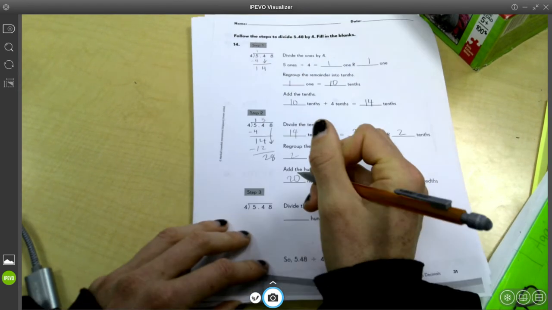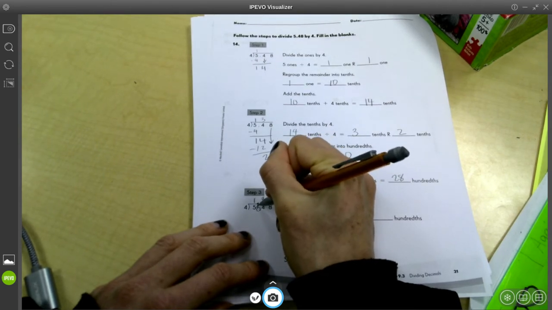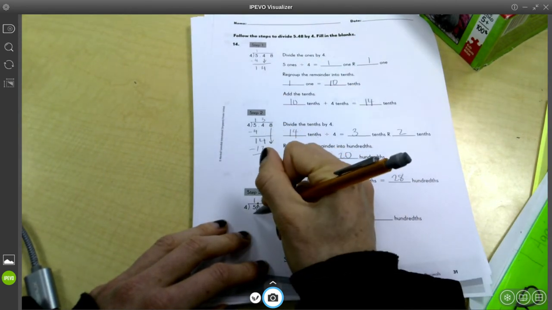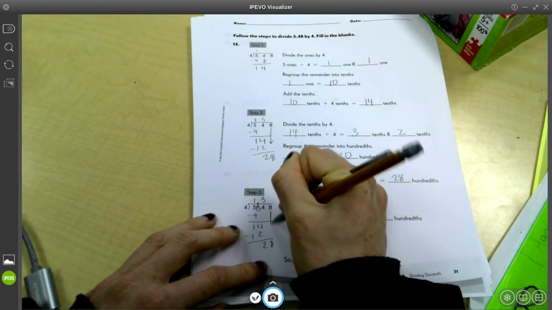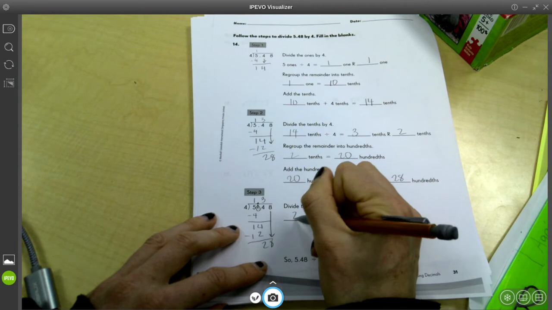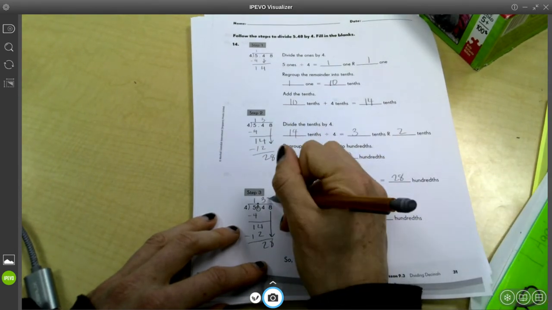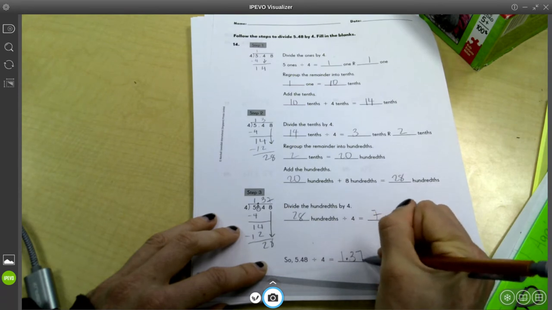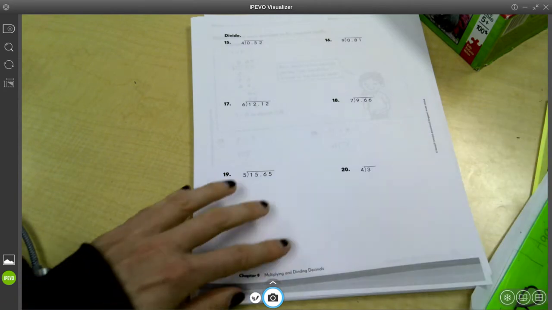Bring the 8 down. Bring my decimal up. All right, 28 hundredths divided by 4 is 7 hundredths. Don't forget the rest of what you did. 1 and 37 hundredths.